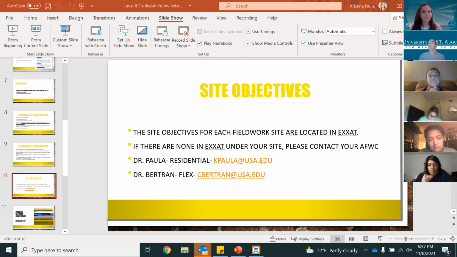But so site objectives, review them, okay? They are pretty much telling you what your expectations are at the site. When we talk before you go on fieldwork, you'll have one more meeting before you start. We're going to emphasize so much how important it is to meet on a week by week basis to go over your site objectives with your fieldwork educator, making that time, making that schedule.